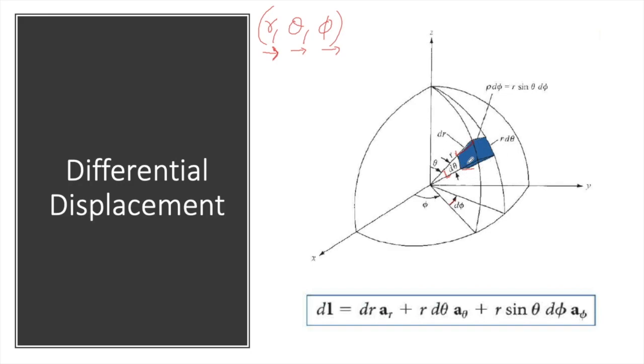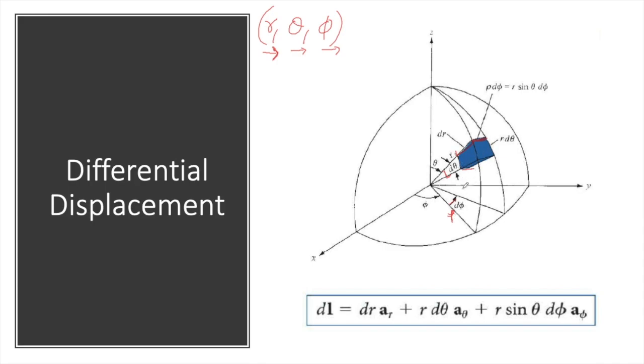Now again, the same way that we did for the Cartesian and cylindrical coordinate systems, we'll find out the dimensions of this. This will be equal to rho d phi. What is this rho? Here we have r, theta, phi only.